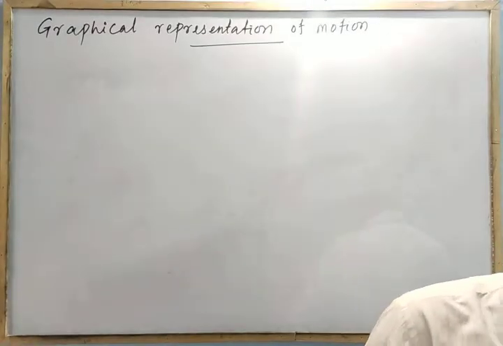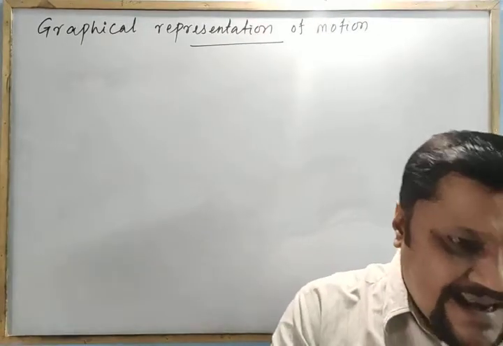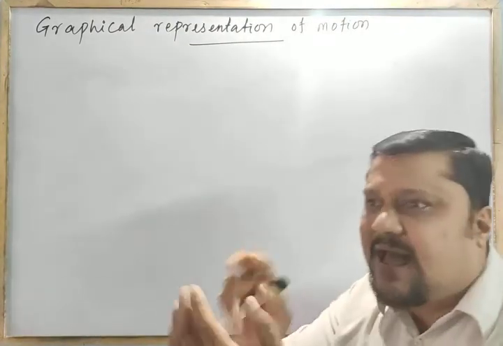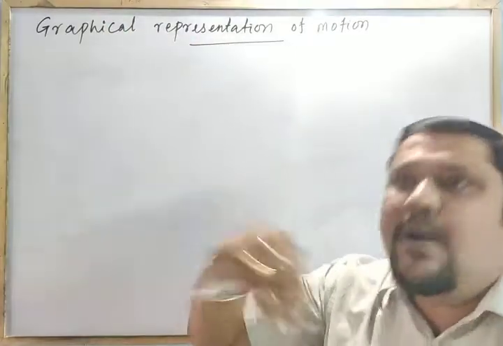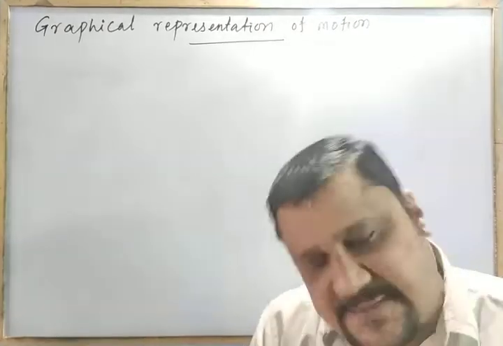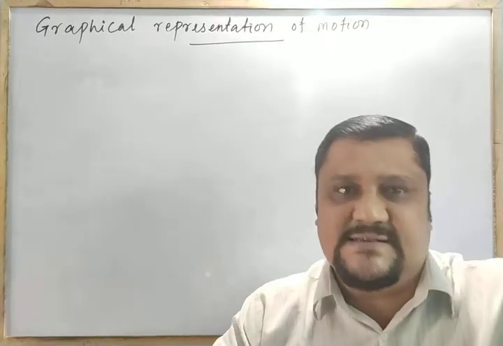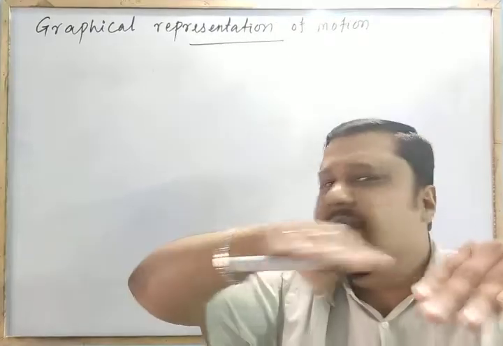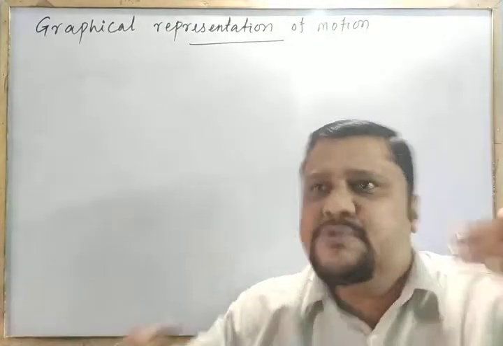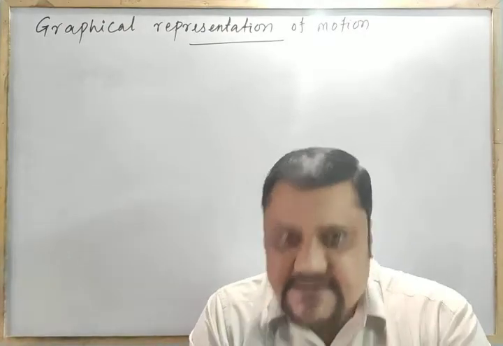Now, time is an independent variable, so I will consider time along the x axis, and the other parameters like distance, or position, or displacement, or velocity, or acceleration along the y axis. So time is fixed along the x axis, it is independent. According to time you can change your position, your velocity, your acceleration, so that is along the y axis.